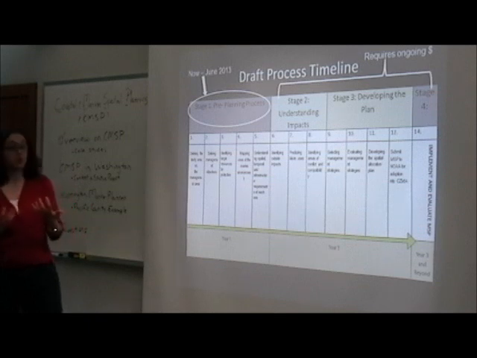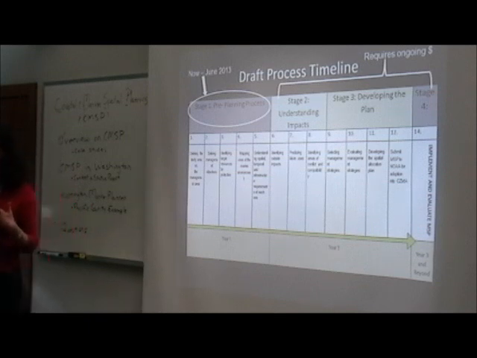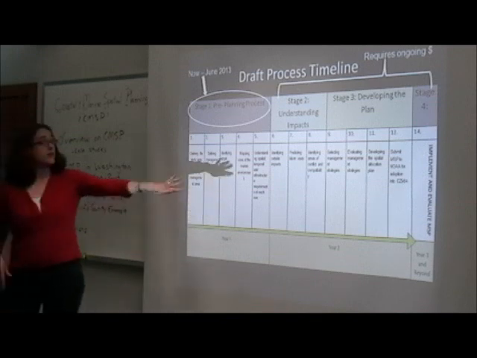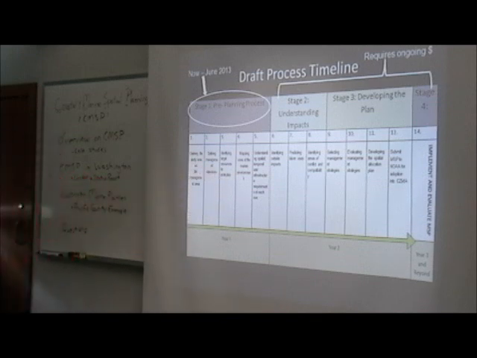That's really what we're looking at doing in the next year, so that we would be ready to then launch a more formal planning process where we start getting into the meat of understanding what impacts are going on and developing a plan.